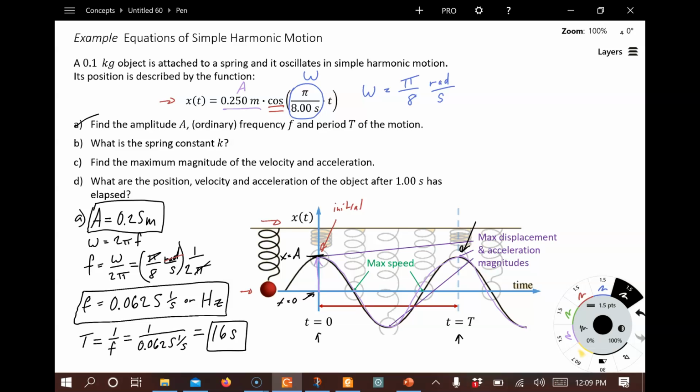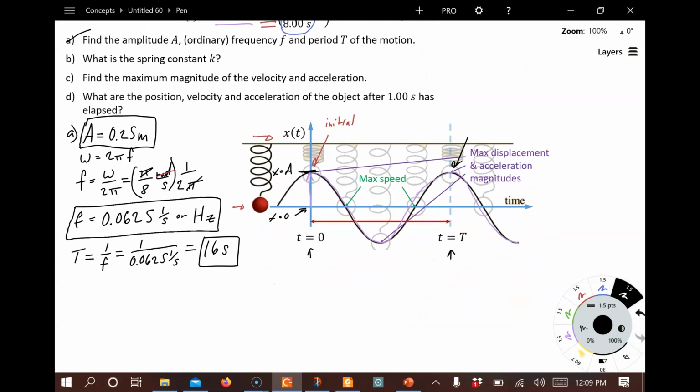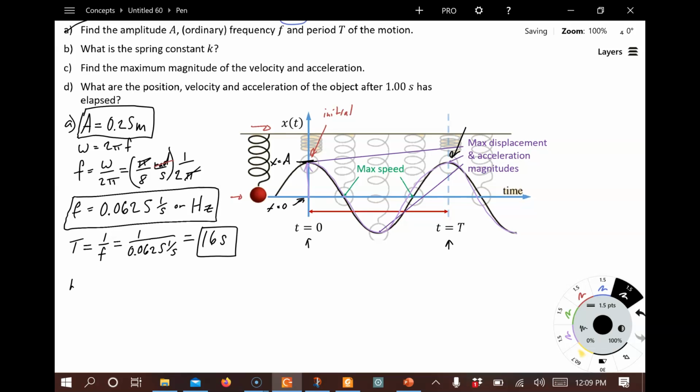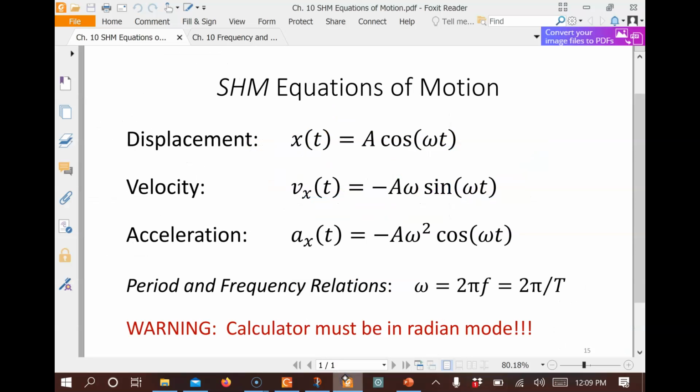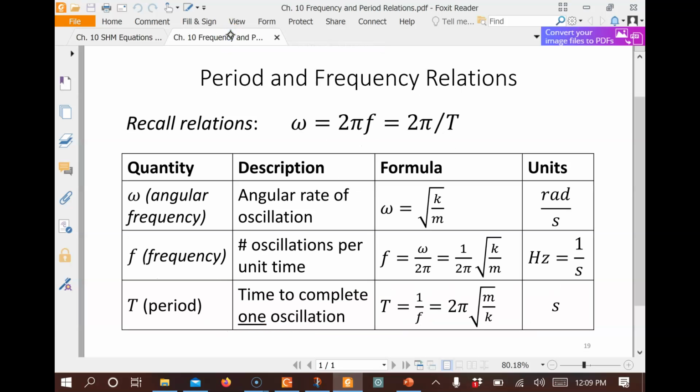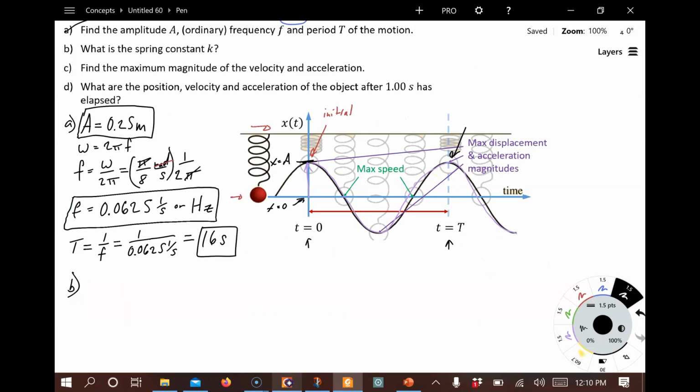For part B, it asks us to calculate the spring constant. There are a couple of different ways to calculate the spring constant. You might use Hooke's law, but we don't know what the force is here. So another way is to relate it to the mass and the angular frequency. If we go back and look at this equation here, the angular frequency omega is equal to the square root of k over m, and we can use that.